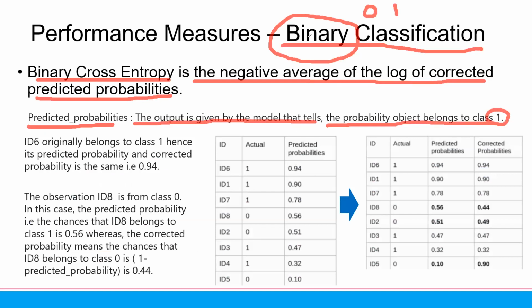So let's say that in the binary classification, we have class 0 and class 1. So when we have the predicted probabilities, I can say that this is the probability that the result belongs to class 1. So for example, in the ID column, we have 1, 2, 3, 4, 5, 6, 7, 8. I have 8 data.